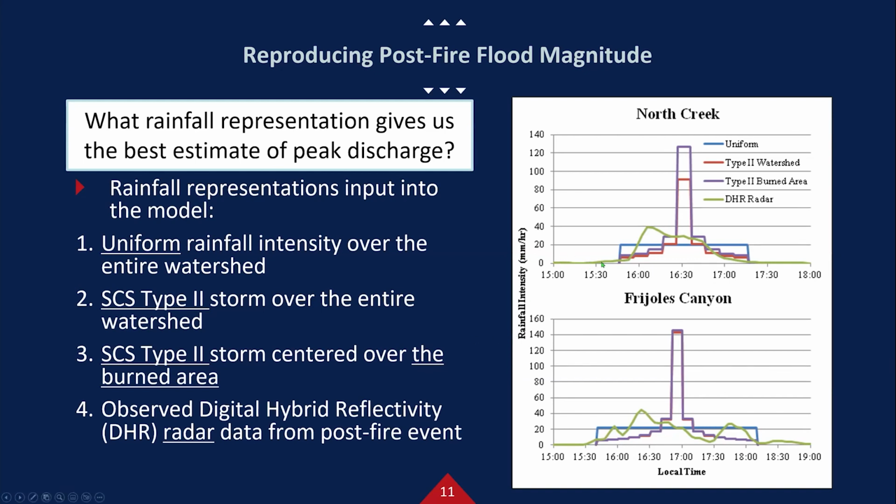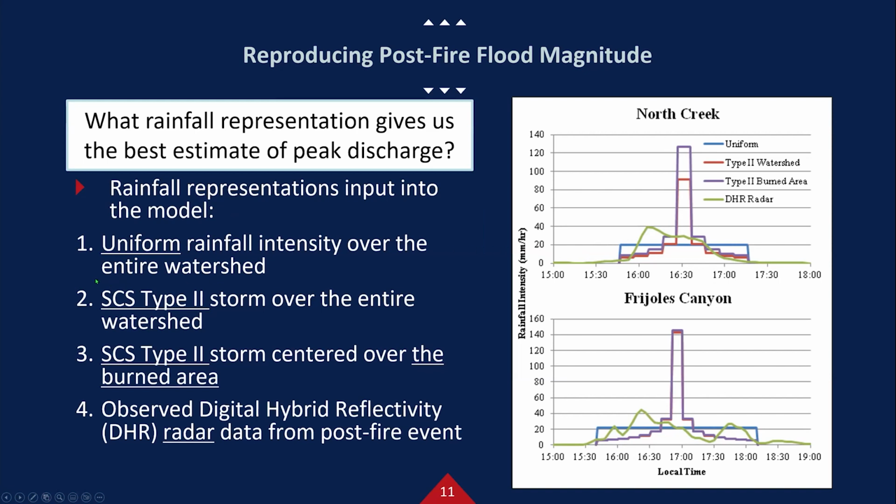The green hydrograph you see over here is from the actual storm as recorded by the radar. There are differences between radar rainfall estimates and rain gauge estimates, but we didn't have a bunch of rain gauges. So this gives us a pretty good indication of what happened during the storm and where it happened.